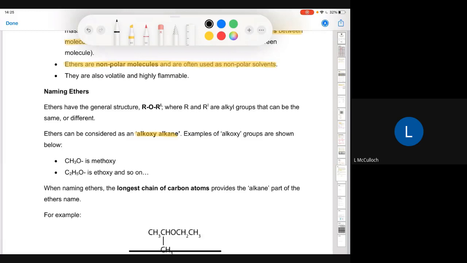Do not confuse this with alkoxides, okay? So not to be confused with alkoxides. An alkoxide would be a CH3O with a negative charge on it.